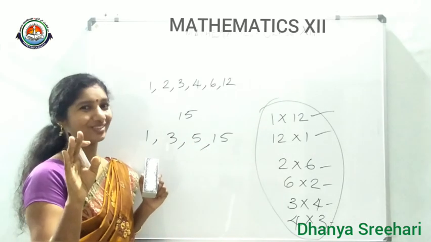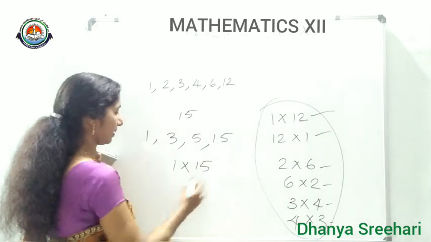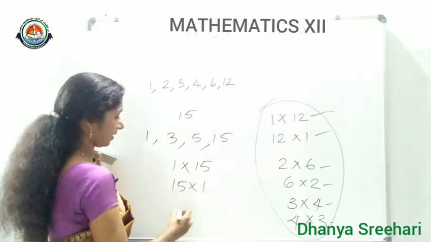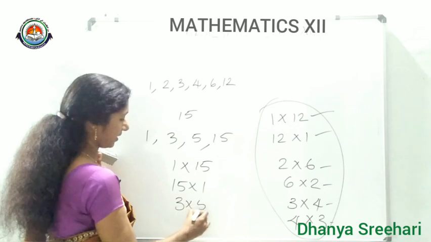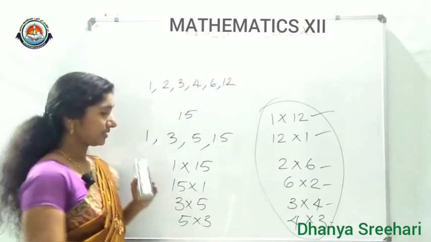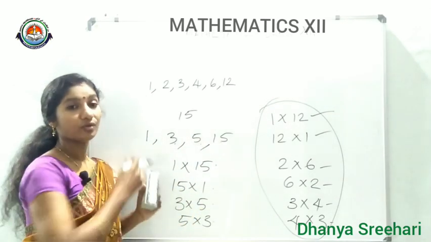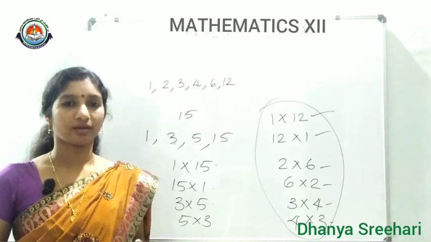So not 5, 4 ways we can make. See, 1 by 15 may be one order, 15 by 1 may be one order, 3 by 5 may be one order, 5 by 3 may be one order. Clear? So 1, 2, 3, 4. 4 ways we can make the order of the matrix.